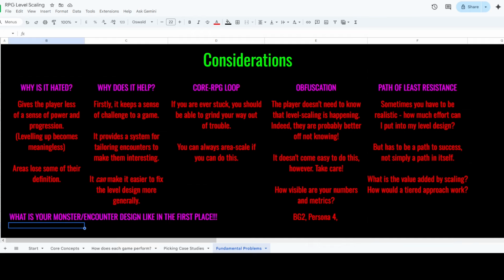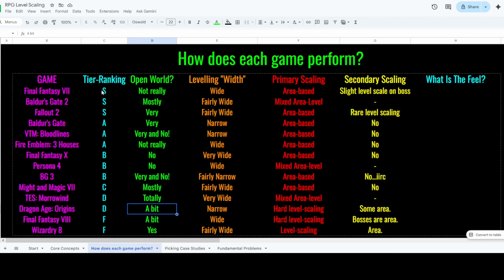So I think if you've got variance in the encounters, and this is really when we talk about the tier list, you ignore everything else that's here, just thinking about that. I think there's some good encounter design in Fallout 2. I actually think there's some pretty good, to say it's quite an easy game, pretty good encounter design in Final Fantasy 7. But Baldur's Gate 2 is just great for it.